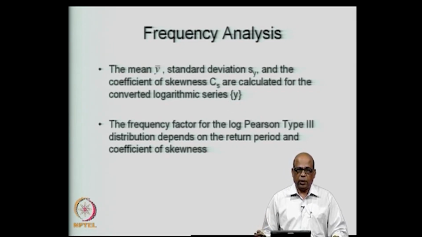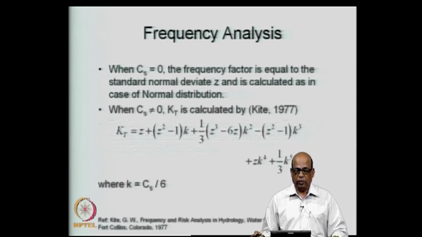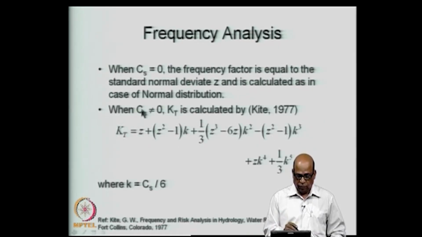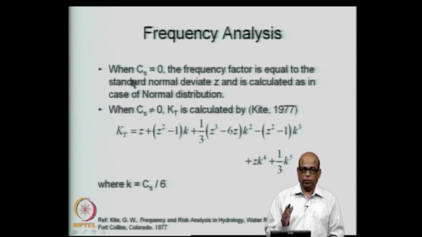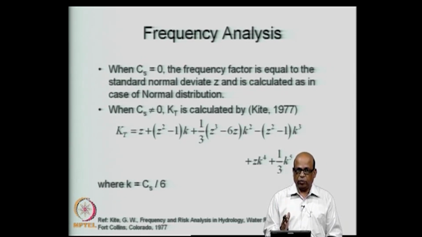For the log Pearson type 3 distribution, the frequency factor depends on the return period and the coefficient of skewness. So, the coefficient of skewness is important for getting the frequency factor. Consider when C s is equal to 0, that means the coefficient of skewness is 0.